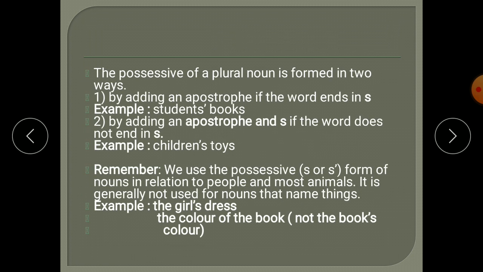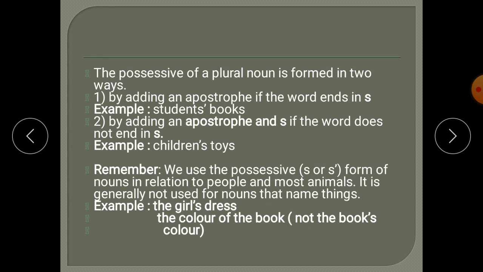The possessive of a plural form is formed in two ways. The first is by adding only an apostrophe. If the word ends in s, for example, students, here the last letter in the word students is the letter s, so we will put only an apostrophe.